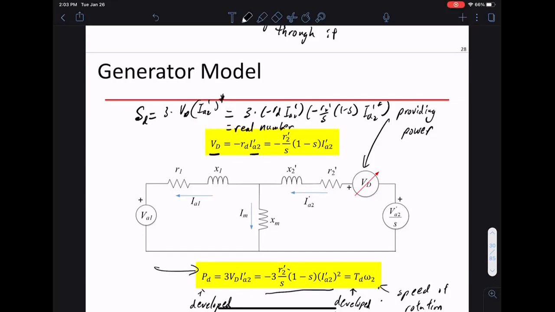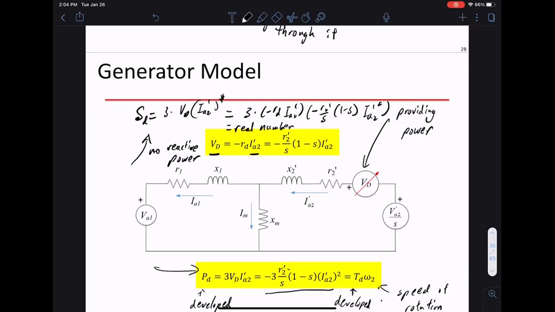Because IA2 prime is multiplied by IA2 prime conjugate, so this is the magnitude square. Everything else is real in this equation. There's no imaginary part out of this number. So this means there is no reactive power out of this thing.